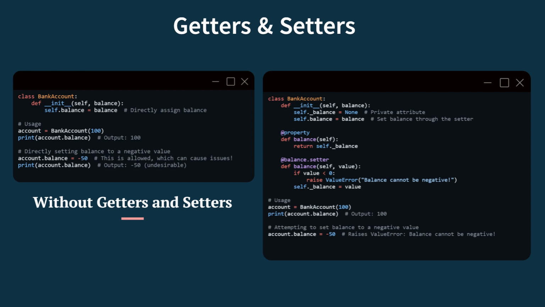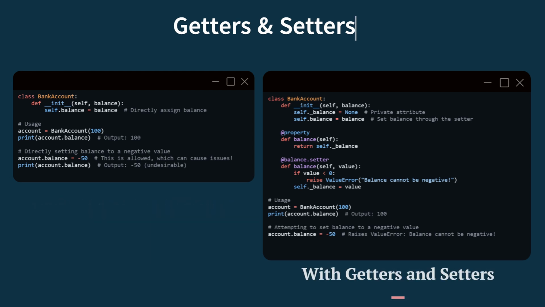In the first example, without using a getter or setter, we create a bank account class with a balance attribute. Here, since there's no validation or restriction, we can directly set the balance to any value, including negative numbers. This can lead to issues, as a bank account balance logically shouldn't be negative.